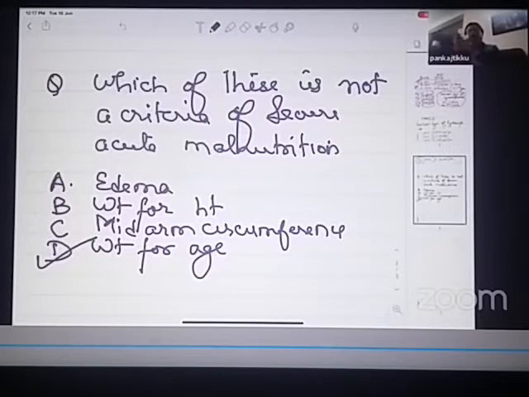And what are the ways by which you manage? Either you manage severe acute malnutrition in the OPDs or you hospitalize these children. What are the criteria for hospitalization? The criteria for hospitalization I've been telling again and again. First criteria of hospitalization, which is very important, is severe edema, 3+. Second criteria, loss of appetite. There should be loss of appetite in the child.